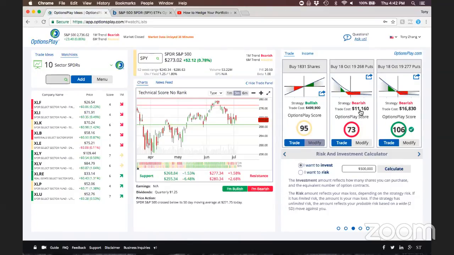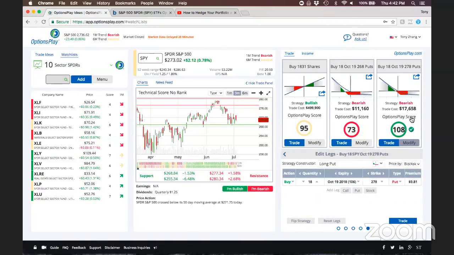And as you can see, what I have is two puts. I have the October 19th 268 put, which is about $5 below the current price, so an out of the money put. And then I have the same October 19th 277 put, about $5 above the current price. Let's actually make this 278, so it's exactly $5. So I have one put that's $5 below the current price, and one put that's $5 above the current price.